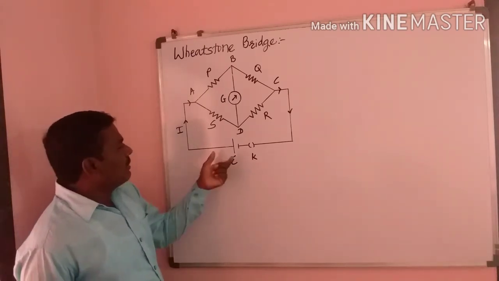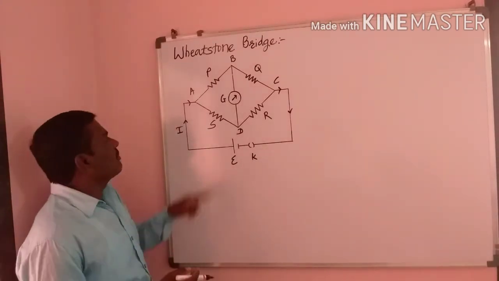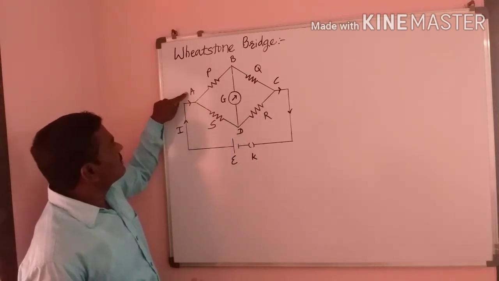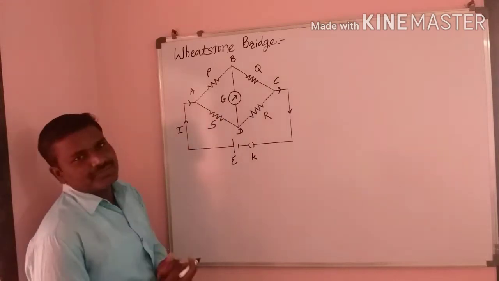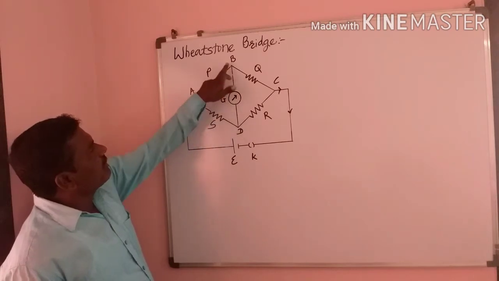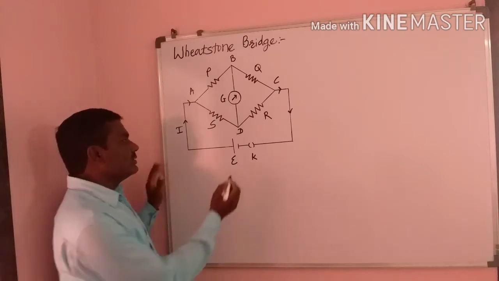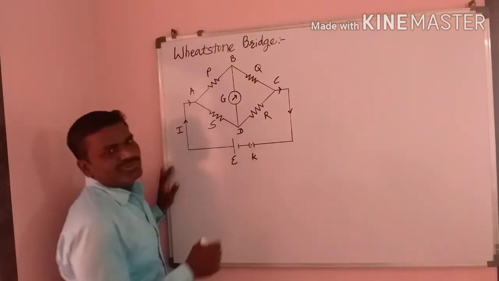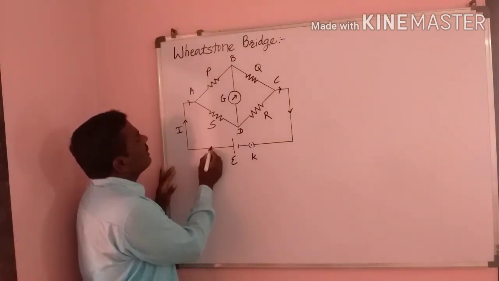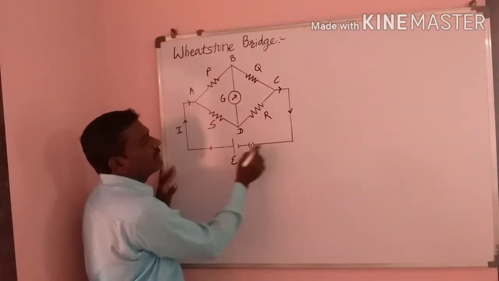The EMF of a cell and a key is connected between the points A and C, where the potential at A is larger than the potential at C. A galvanometer is connected between the points B and D. When the key is closed, the direction of conventional current is always from the positive terminal to the negative terminal, in this way.